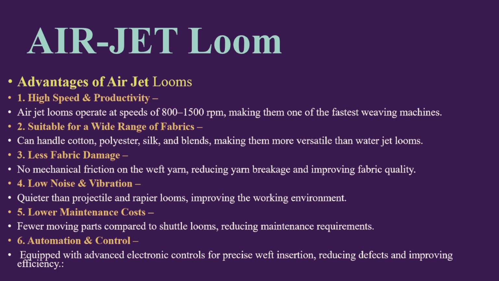There are different advantages and disadvantages of air jet looms. When we talk about the advantages: high speed and productivity. Air jet looms operate at high speed of 800 rpm to 1500 rpm, making them one of the fastest weaving machines. The second advantage is that they are suitable for a wide range of fabrics.